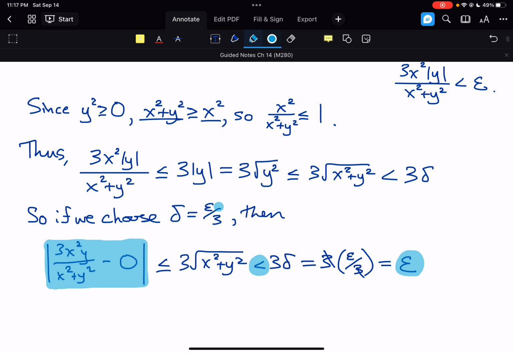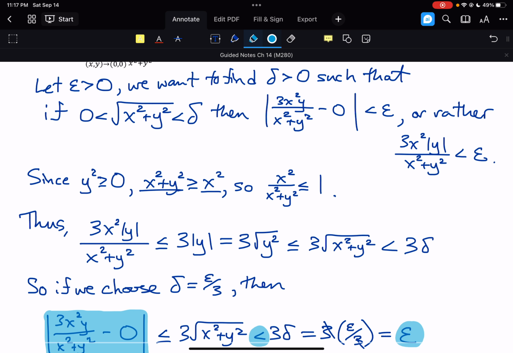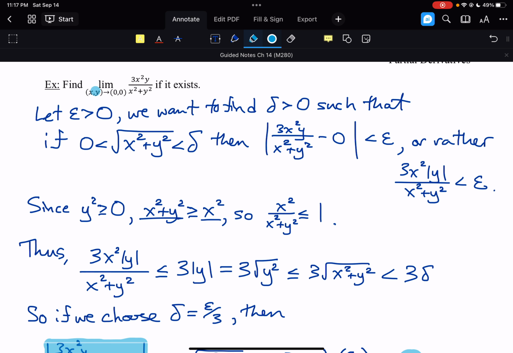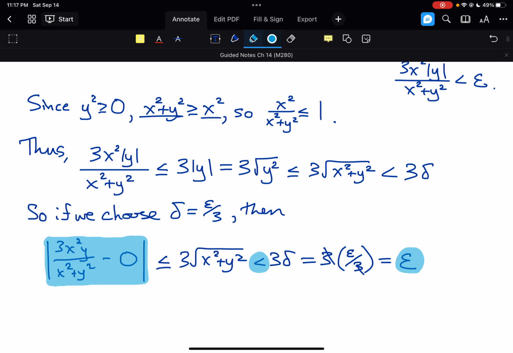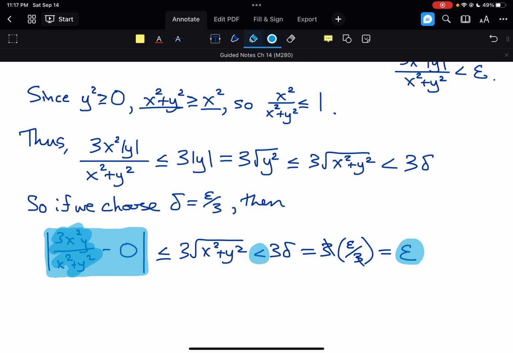So in other words, no matter how close we get to 0, the inputs will always be getting closer and closer to the point in question. So (x, y) goes to (0, 0). Our function heads to the output of 0, because their distance keeps shrinking, less and less as we go.